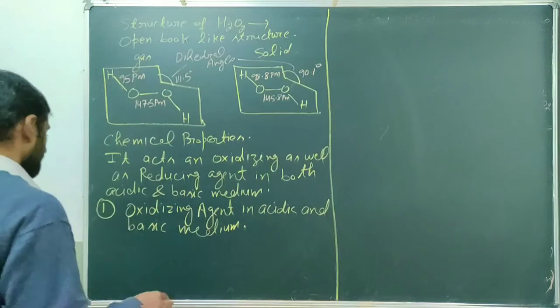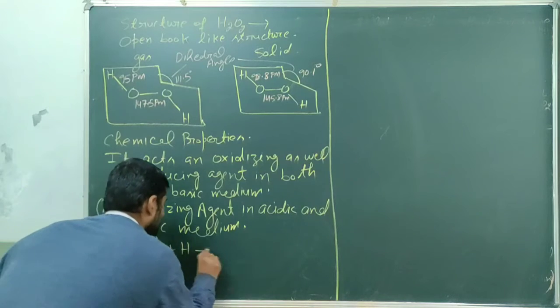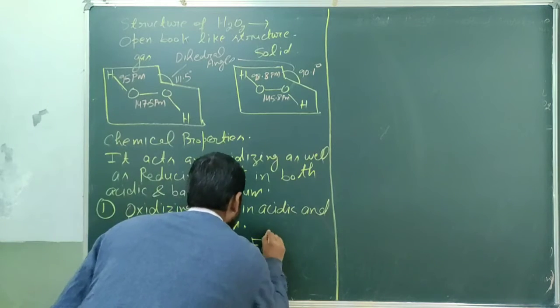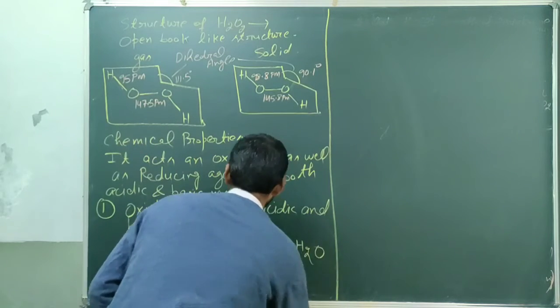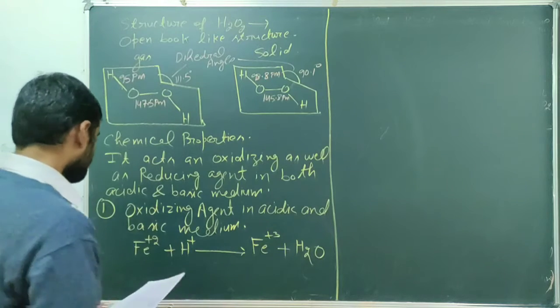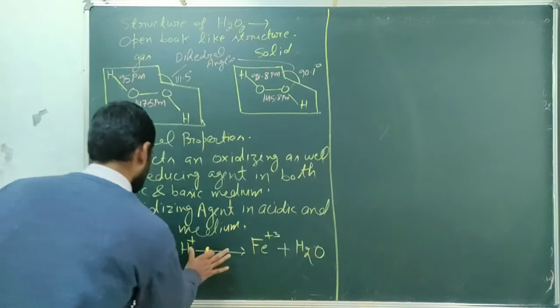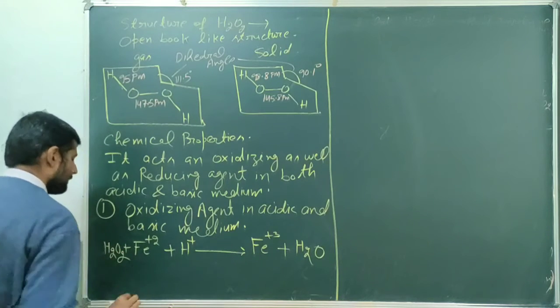So here the example is Fe+2 with H+, which is converted into Fe+3 and water. So Fe+2, H+, and H2O2, hydrogen peroxide.